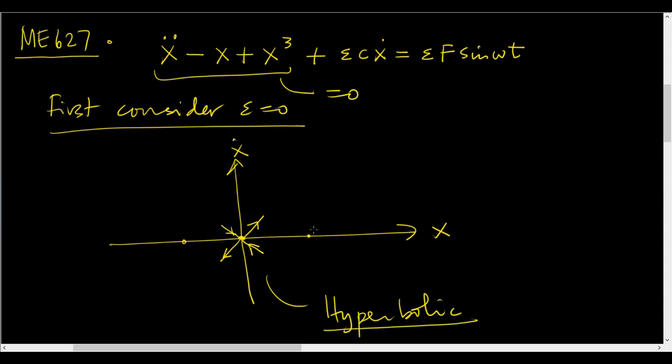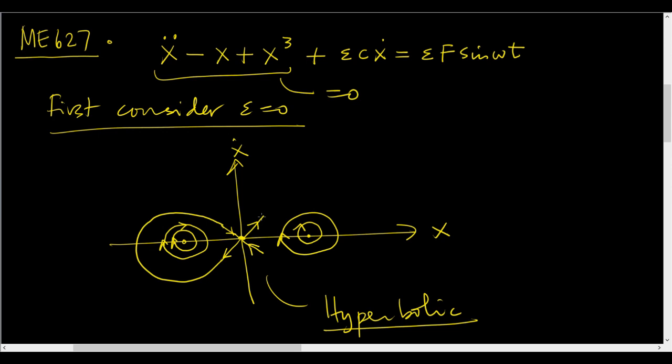And then this is a center, and therefore there are periodic orbits like this. This is another center. If you are confused about the direction of the arrow, remember that when x dot is positive, x has to be increasing, so the arrow has to be like this. There is one special orbit like this which we have seen earlier called a homoclinic orbit.